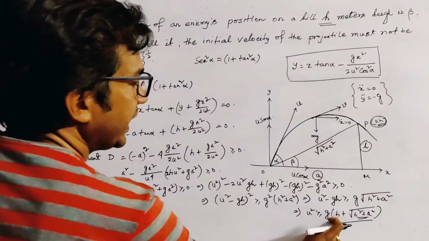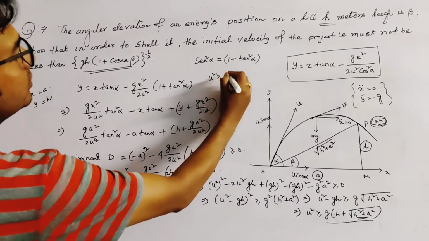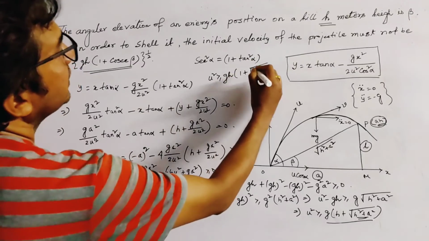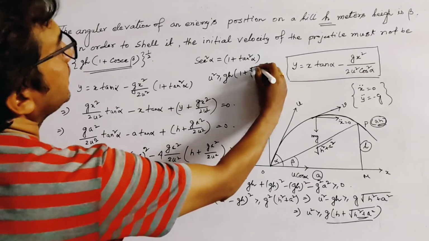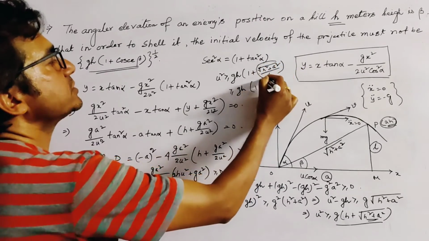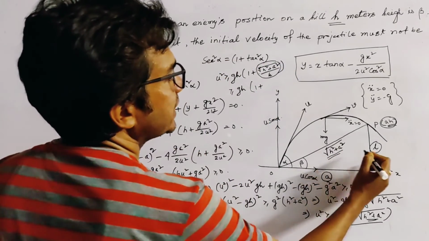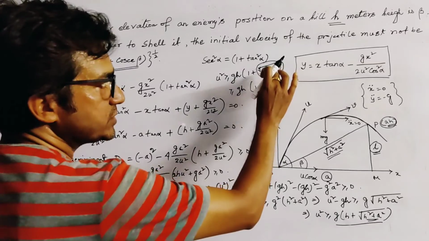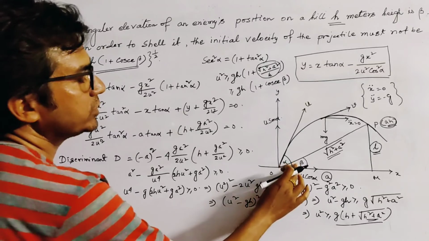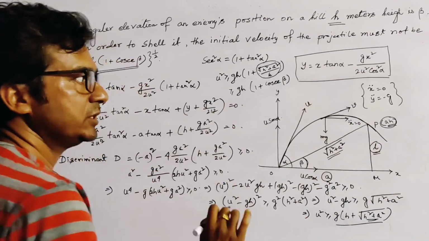If we take h common, we get u square greater than or equal to gh into 1 plus root under h square plus a square by h. This is hypotenuse by height, which is cosec beta, for this angle beta in the triangle OPM.